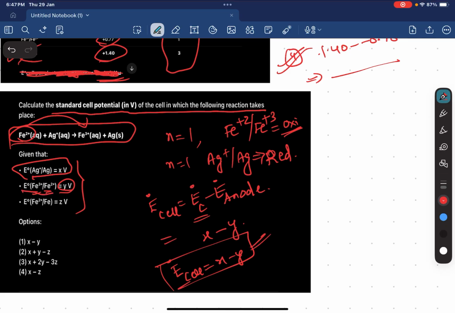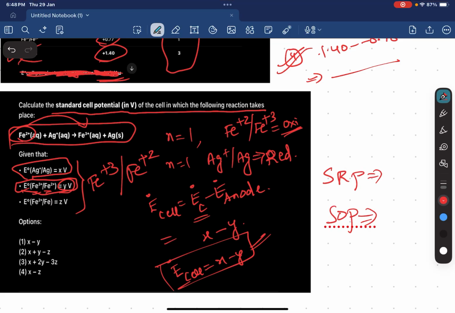Because these are reduction values, SRP values, so they mentioned Fe3+ to Fe2+. That is also important, whether they mentioned SRP or SOP. SRP means reduction, SOP means oxidation. So if you want to see the difference, Zn2+ to Zn means it is SRP. Zn to Zn2+ means it is SOP.